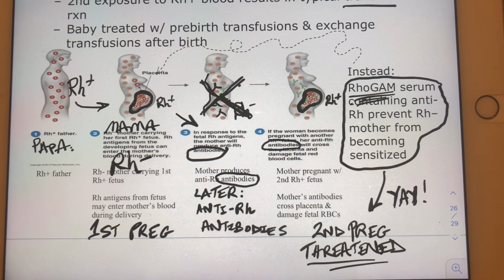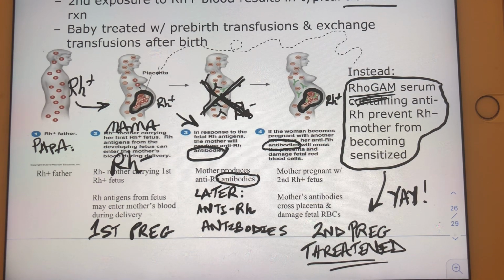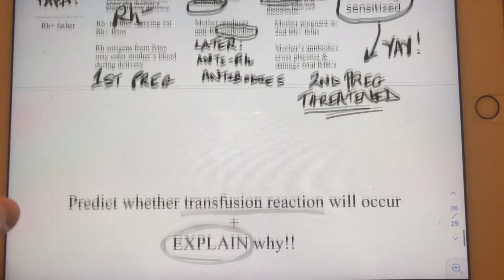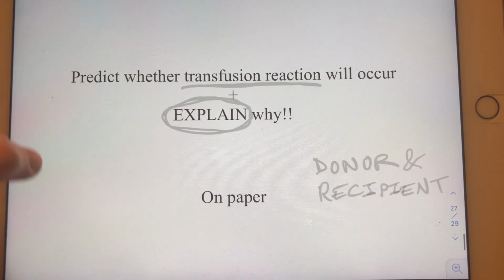Okay? Okay, so what's the take-home message for all these horrible blood group particulars? Well, I can give you any scenario where I tell you what the donor blood has and what the recipient blood has.